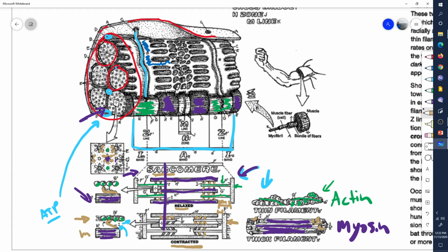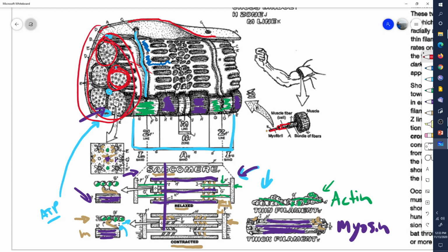Hopefully by now you can see. And of course, this has been a diagram. Here's a myofibril right here. A myofibril is one of these here, taken from a muscle cell, which is this whole structure.